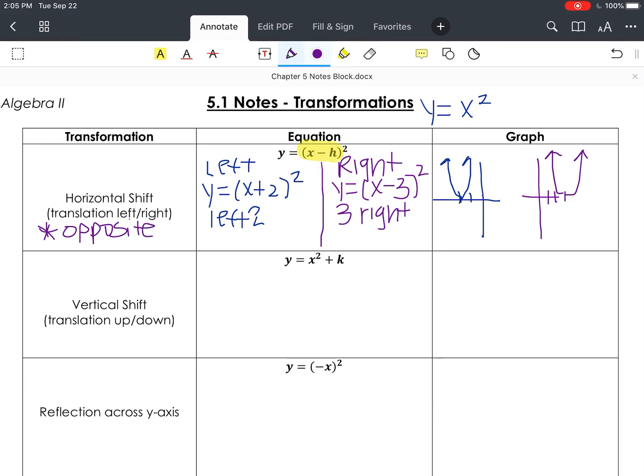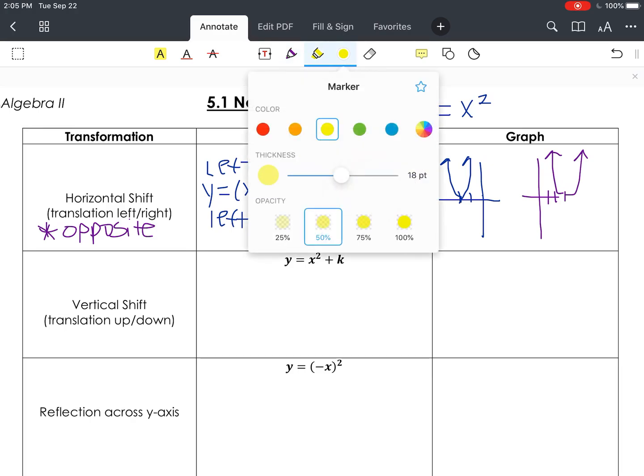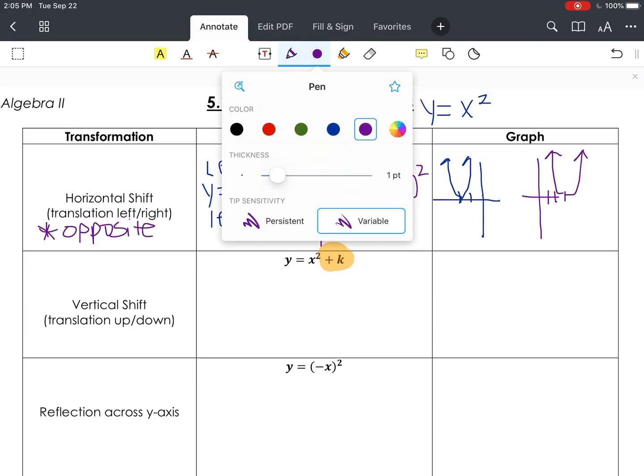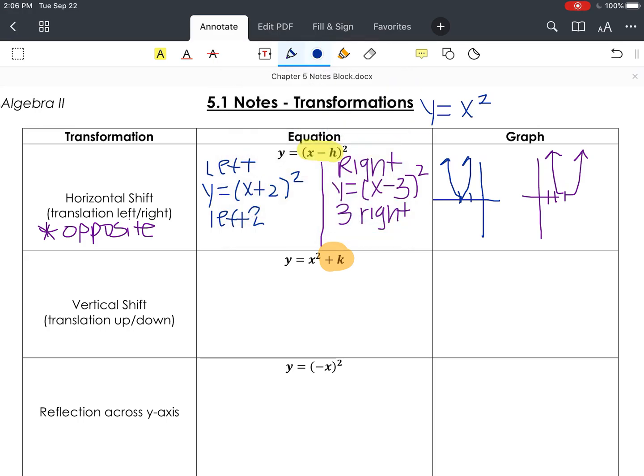So that's horizontal shifts. For vertical shifts, it's the number that's being added or subtracted at the end, like this, plus k, and you do exactly what it says. So to go down, you would be subtracting 2. So if you wanted to go 2 down, it'd be x squared minus 2, and you'd be going 2 down.